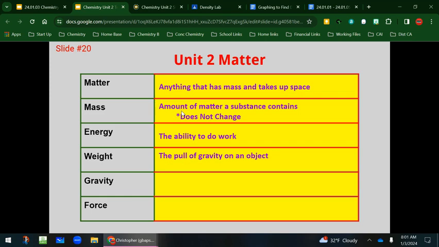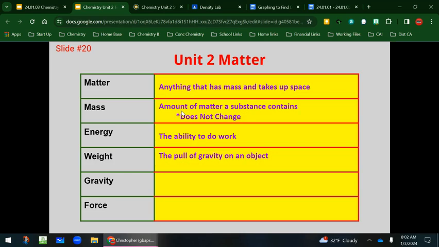Weight is the pull of gravity on this object. If I put this on a scale, I can find the weight of it. However, if I take this object to the moon and weigh it on the moon, its weight will be 1/6 of what it is here on Earth.